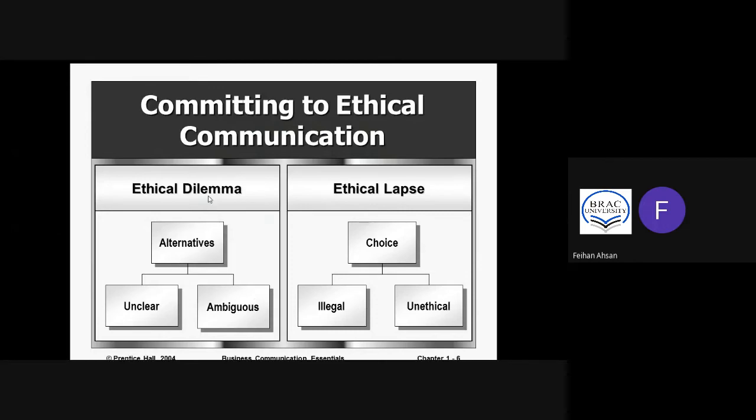That's an ethical dilemma. An ethical lapse, on the other hand, is a mistake. It's an ethical mistake when sometimes the choices that you've made are illegal or unethical. So we need to avoid or minimize our ethical lapses to result in efficient and effective communication.